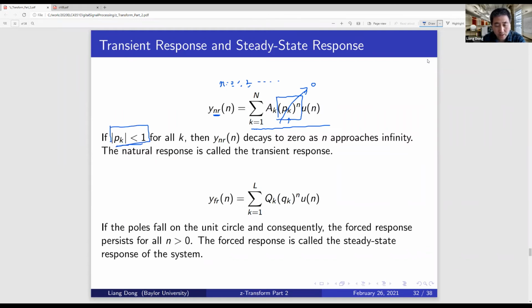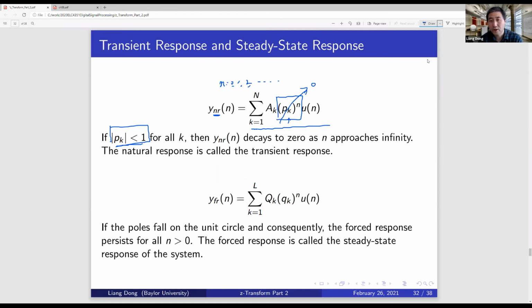And the natural response, in this case, we call a transient response. An example is that you have a circuit board originally excited by a signal of frequency 100 hertz, and then you change to another signal of 200 hertz. Eventually, whatever you have on the circuit board will follow that 200 hertz, but there is a period called transient response, transient time.